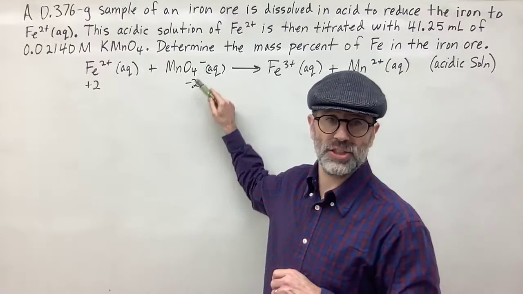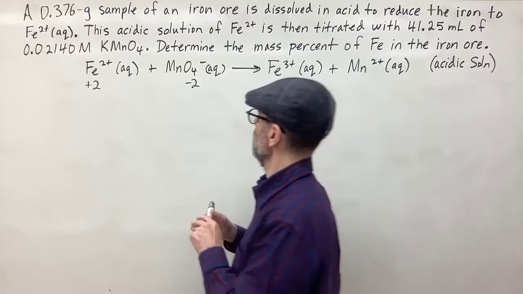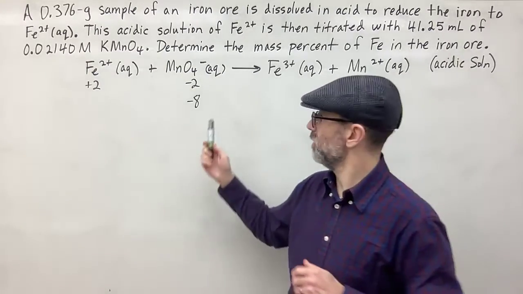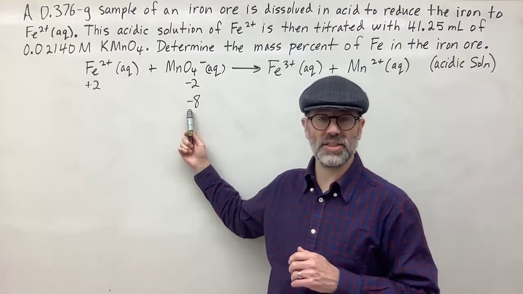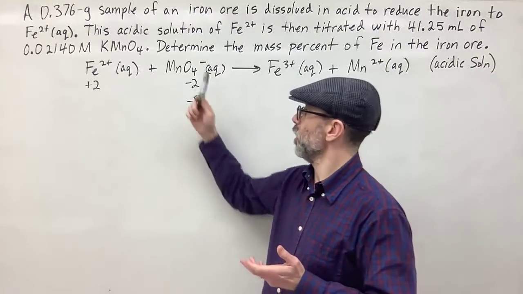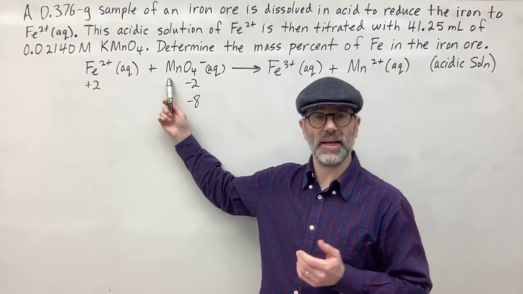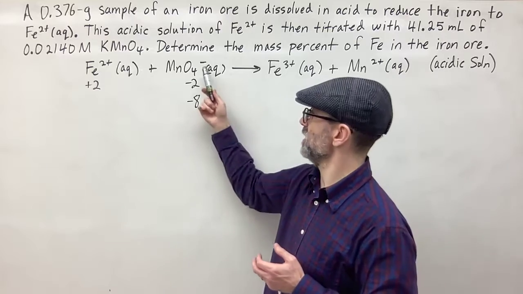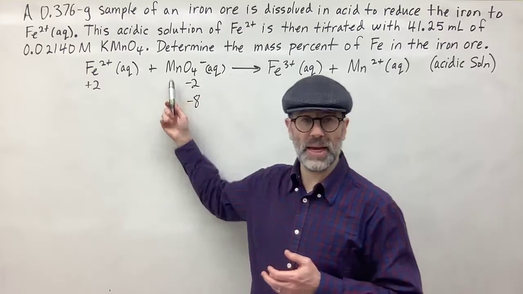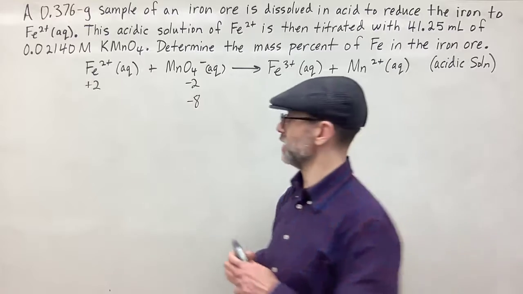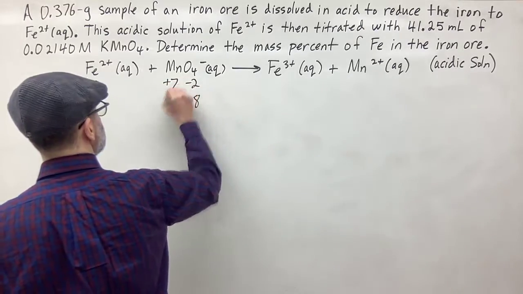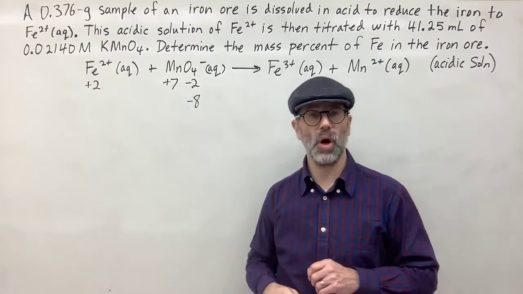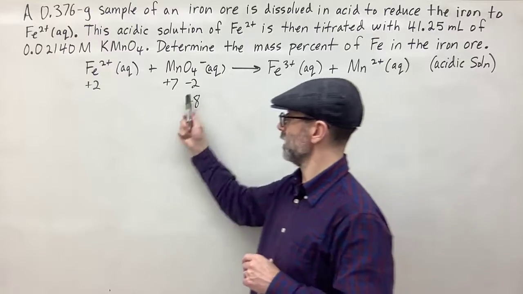Since I have 4 oxygens, 4 times -2 is -8. We know that the oxidation state of manganese plus the oxidation states of the oxygens must add up to -1. So manganese has to have a +7 oxidation state, because +7 and -8 gives us -1. Okay, so we got that complete.